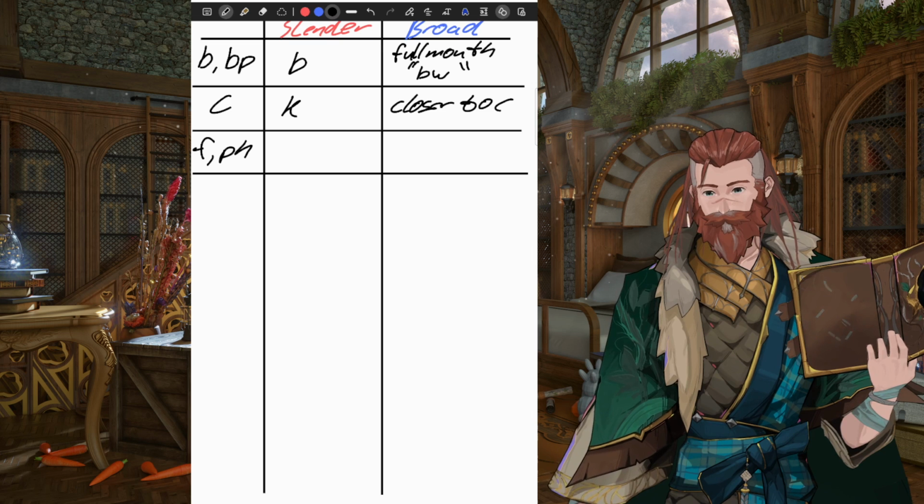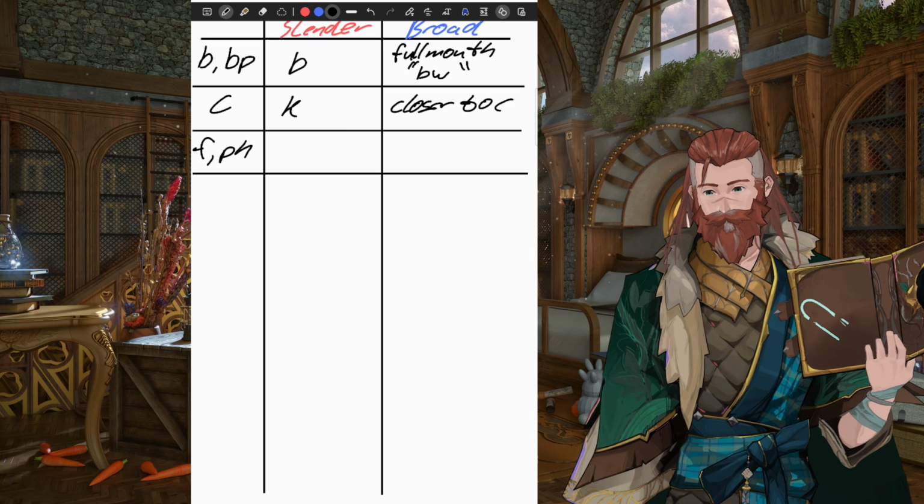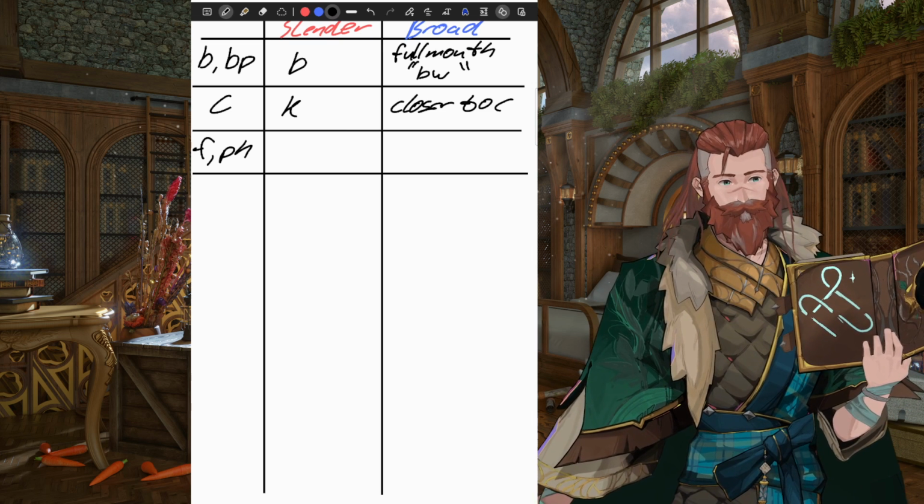It pretty much just means the difference between fikje and fud.